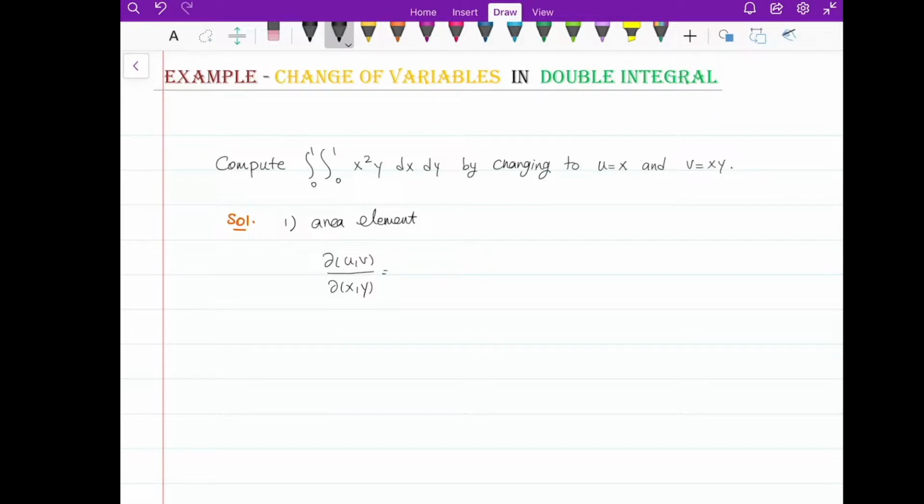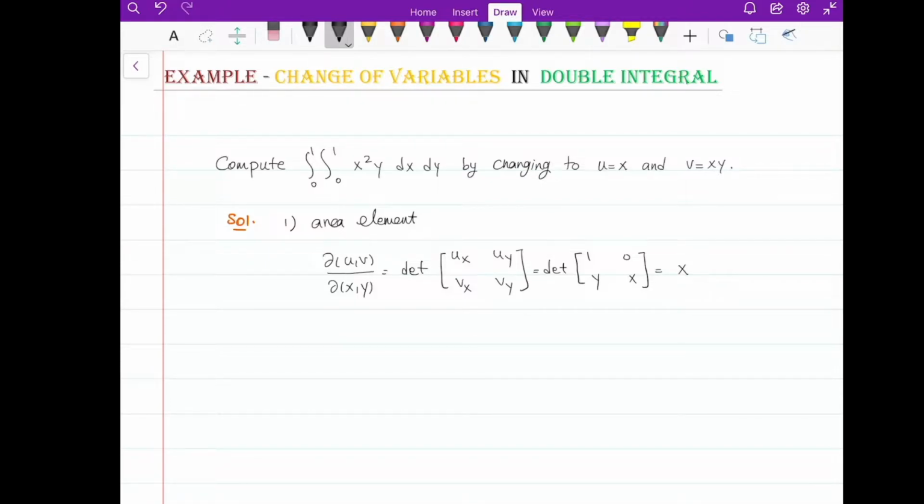So the Jacobian is the determinant of this matrix: u with respect to x, u with respect to y, v with respect to x, v with respect to y. So u with respect to x is just 1, with respect to y is 0, v with respect to x, v with respect to y. So the Jacobian is just x.